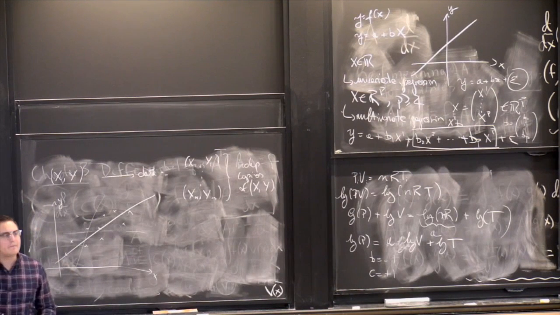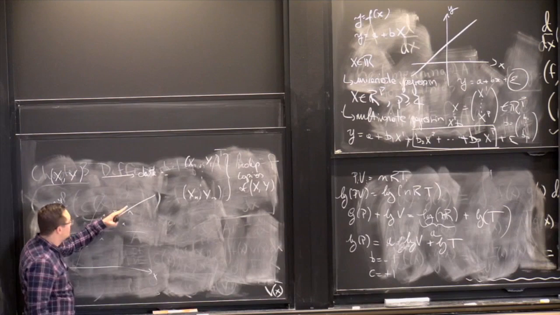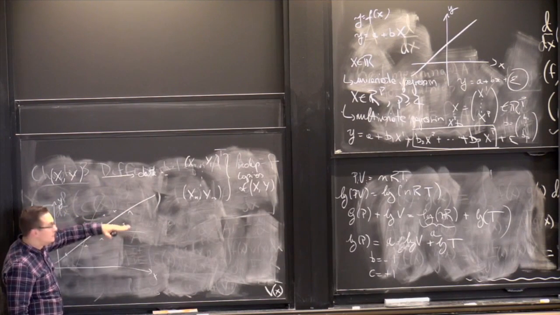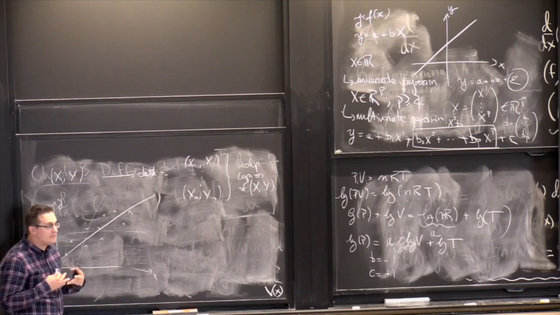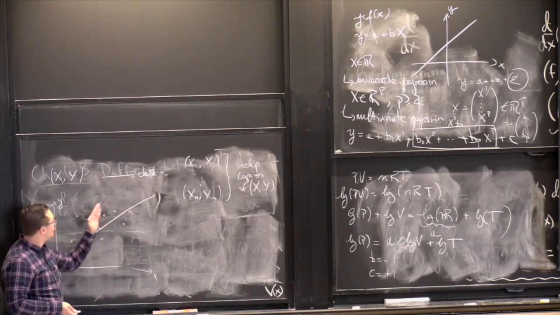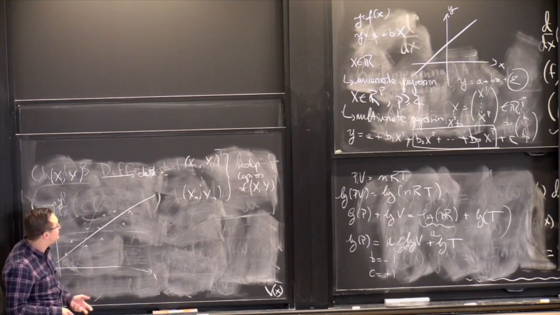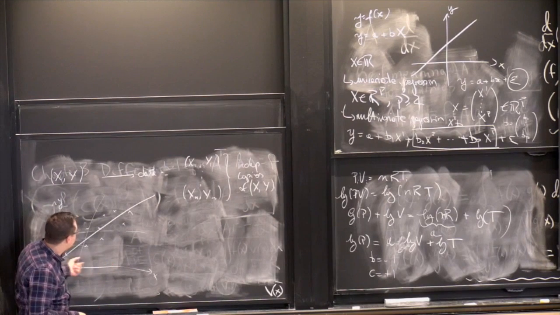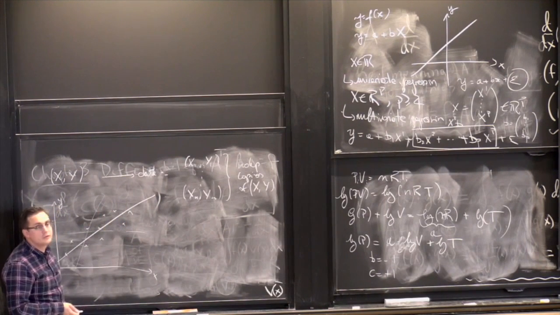So we need to mathematically formulate the fact that this line here is better than this line here, or better than this line here. So what we're trying to do is to create a function that has values that are smaller for this curve and larger for these two curves. And the way we do it is by measuring the fit, and the fit is essentially the aggregate distance of all the points to the curve.